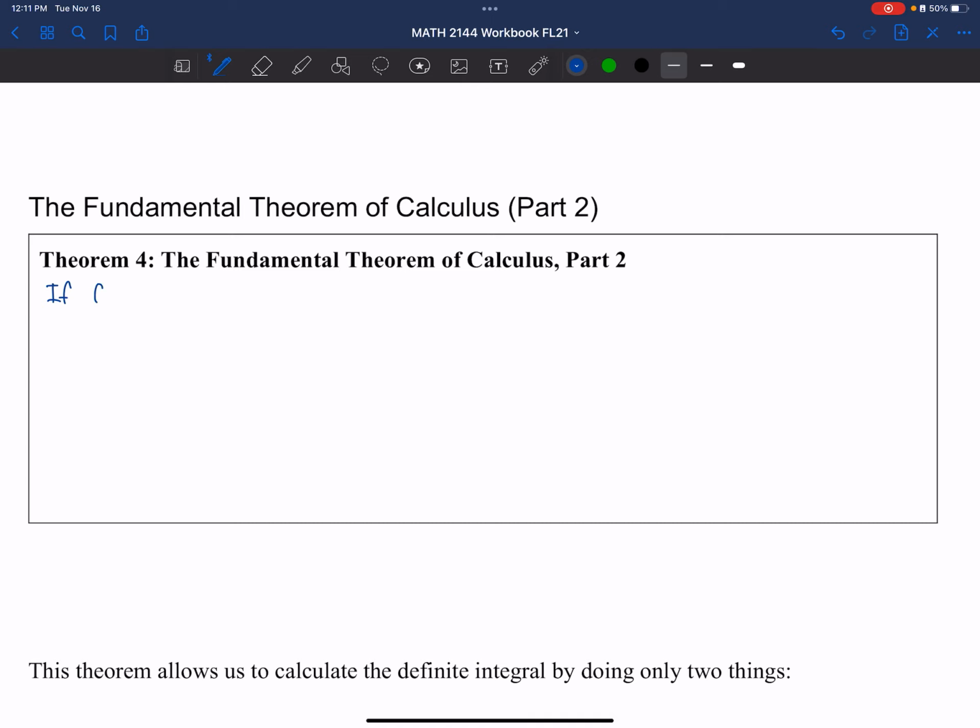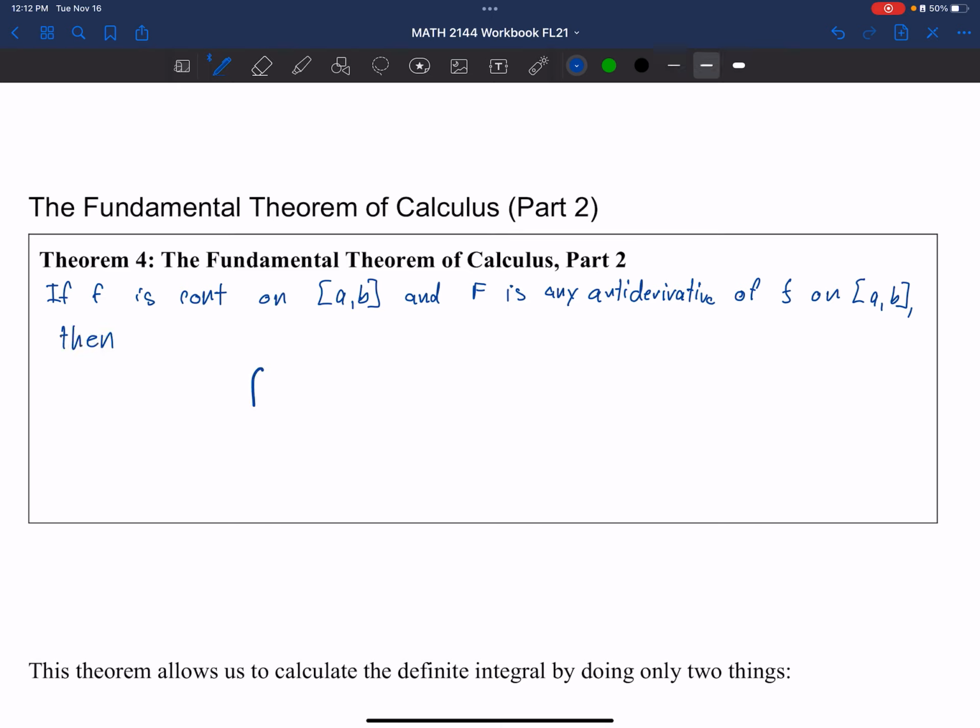So if, again, f is continuous on the closed interval from a to b, and capital F is any antiderivative of the lowercase f on that closed interval, then here's the evaluation part.